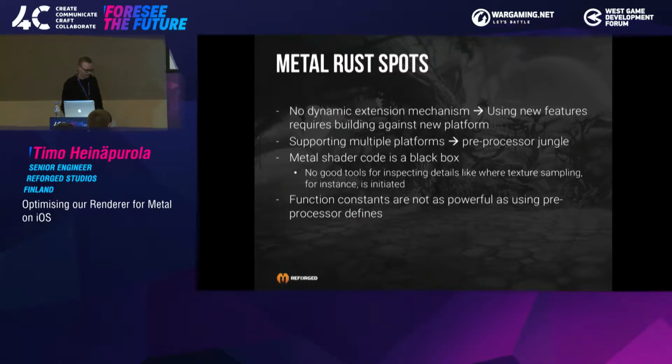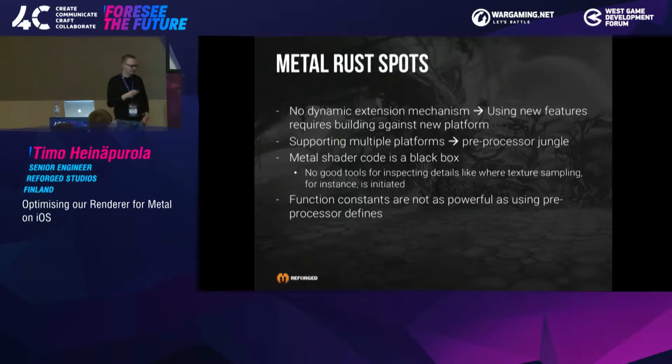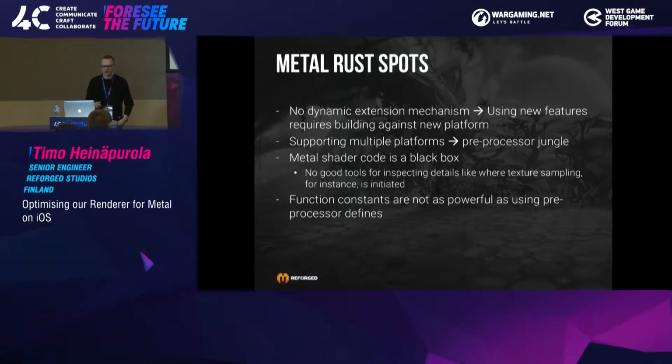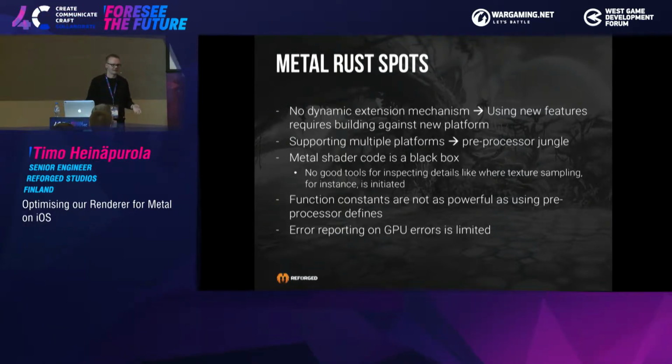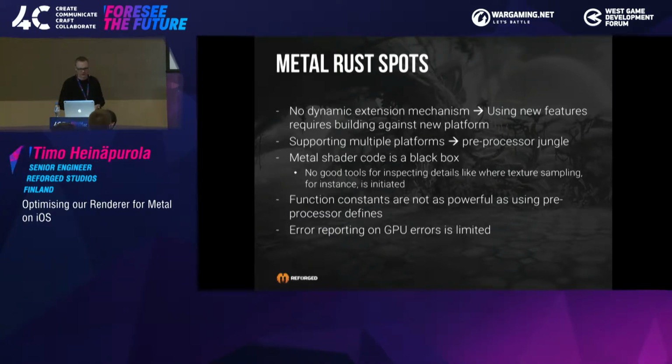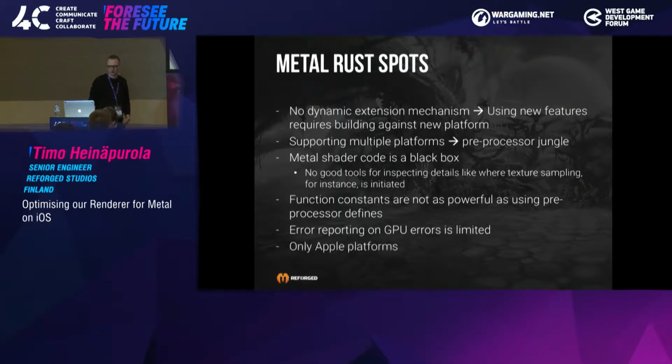And there's a feature that I'm discussing later, which is function constants. That's a really cool feature, but it's not as powerful as preprocessor defines. And you do get information about errors happening on the GPU, but what you don't get is detailed information about what went wrong. So it sometimes makes troubleshooting a lot more difficult. Of course, it's also only on Apple platforms.